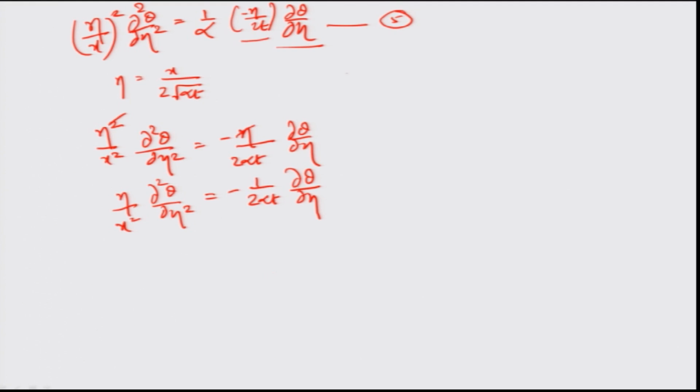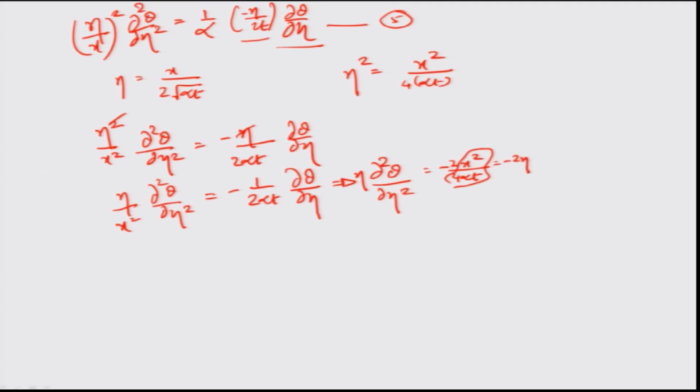So obviously square of eta can be represented as x square by 4 times alpha t. So if I were to substitute here or convert this equation, we get del theta by del eta square times eta equals minus twice x square by 4 alpha t, and this term right here is eta square.